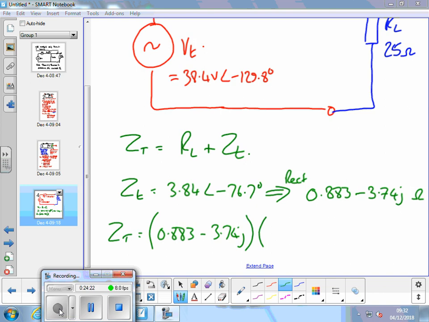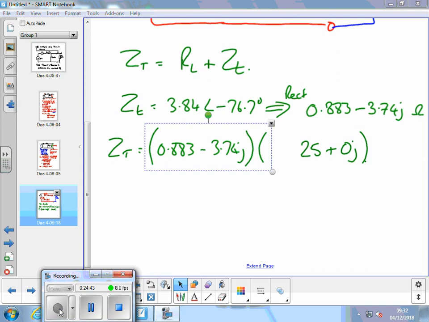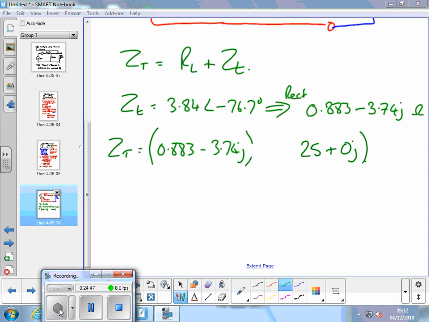And the rectangular value of the load resistor is 25 plus 0j, and we're going to add those together. So how do we add rectangular numbers?